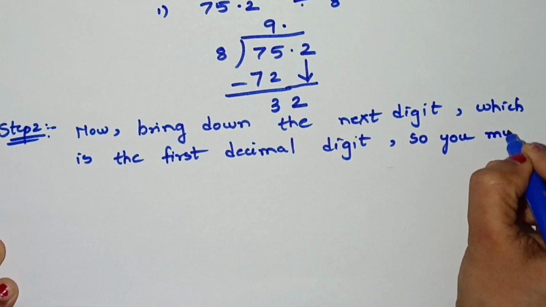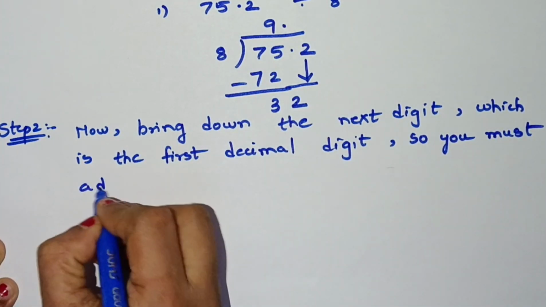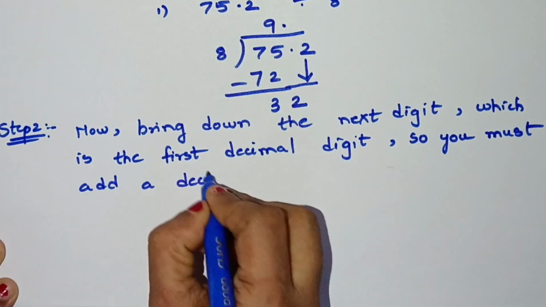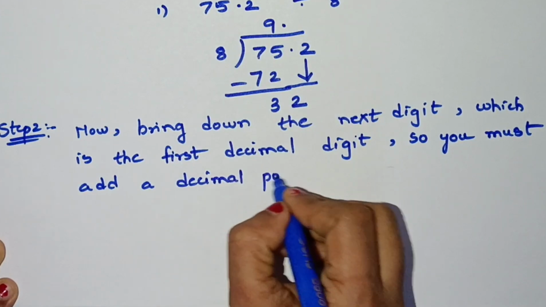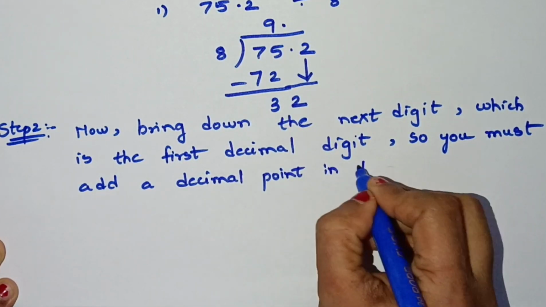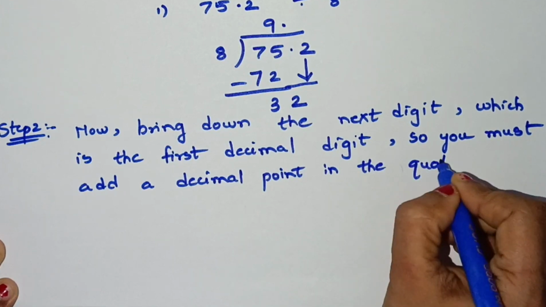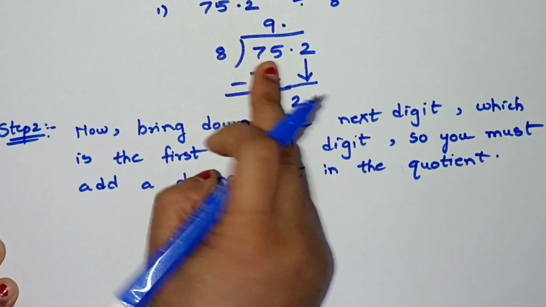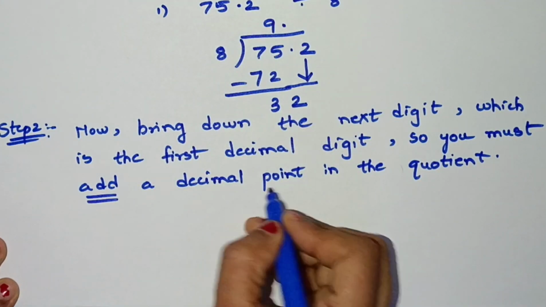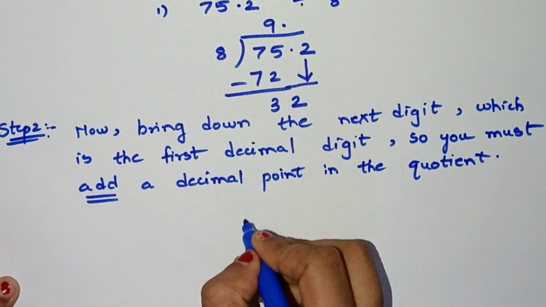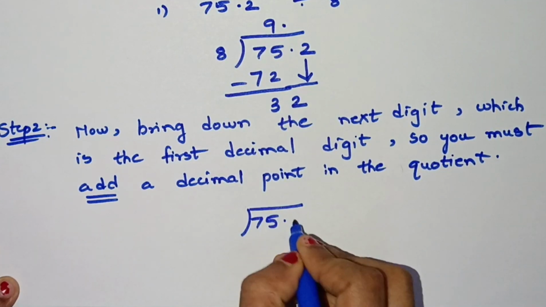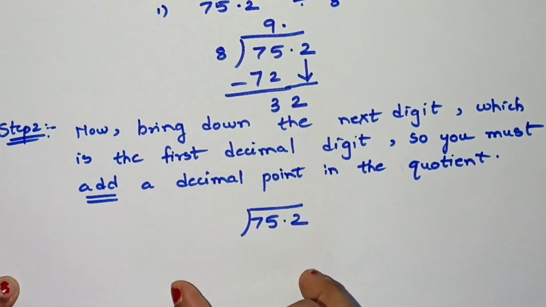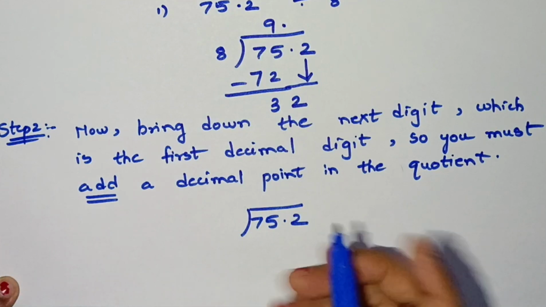So you must add a decimal point, very important, in the quotient. Immediately you should add the decimal point in the quotient once the whole number is divided. Now let's see how to do it. These are just the steps. No need to write these steps in your exam. This is just for the learning process.